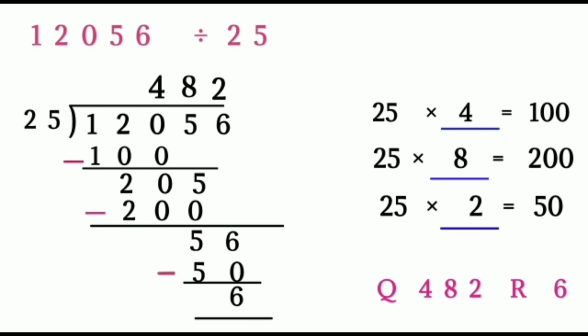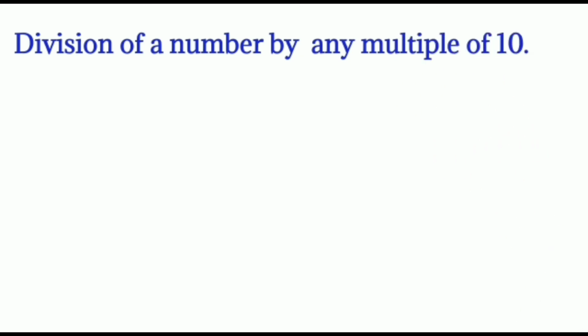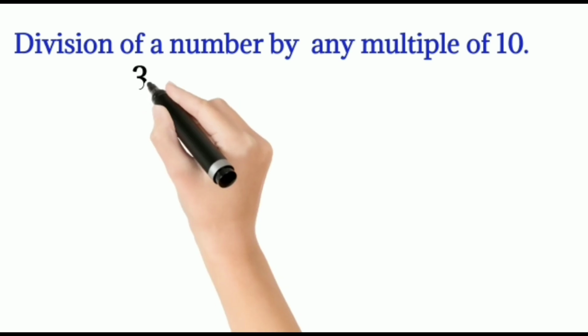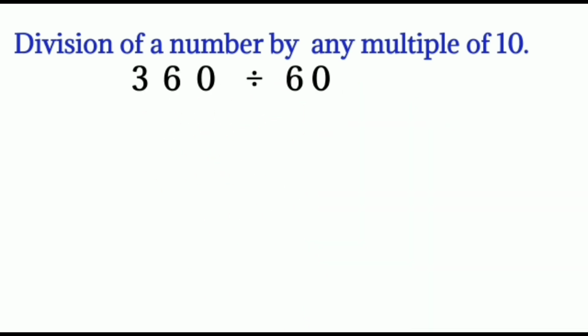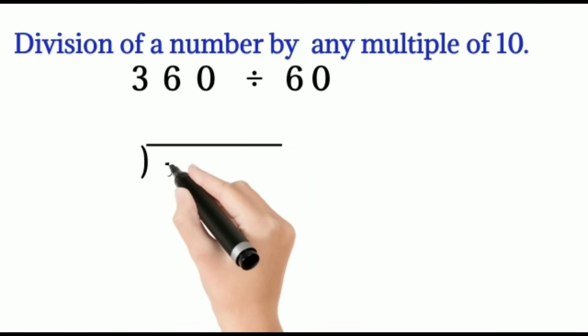Next, division of a number by any multiple of 10. Multiples of 10 means 10, 20, 100, 1000, etc. Divide 360 by 60.